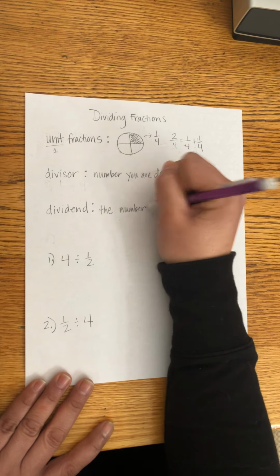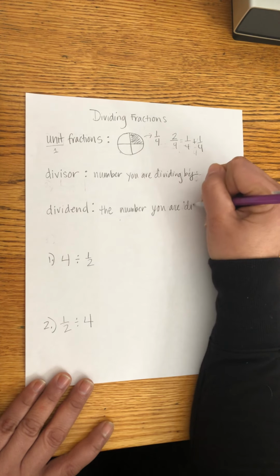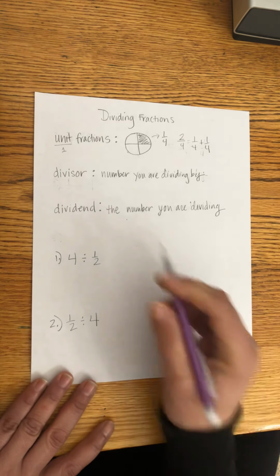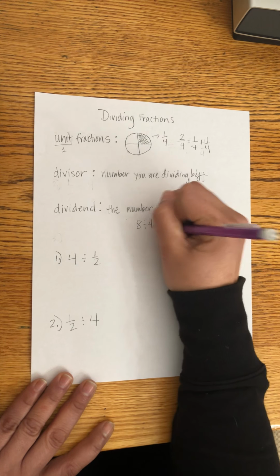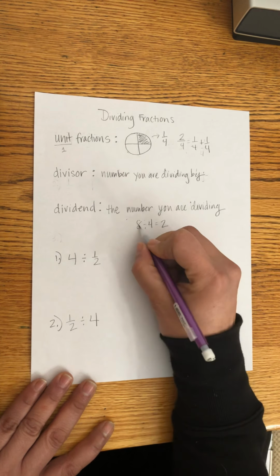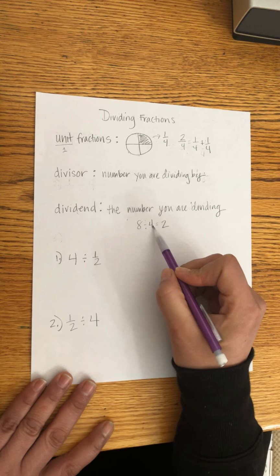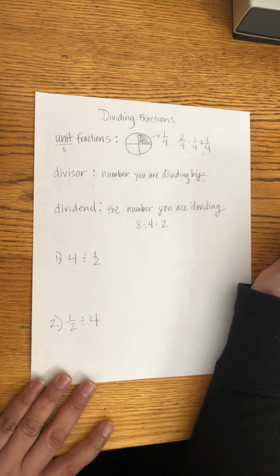It's usually what you start with. So when you take a look at a simple division problem like 8 divided by 4 equals 2, 8 is the dividend, it's the number you are dividing. 4 is the divisor, it's the number you are dividing by. And 2 would be considered your quotient.